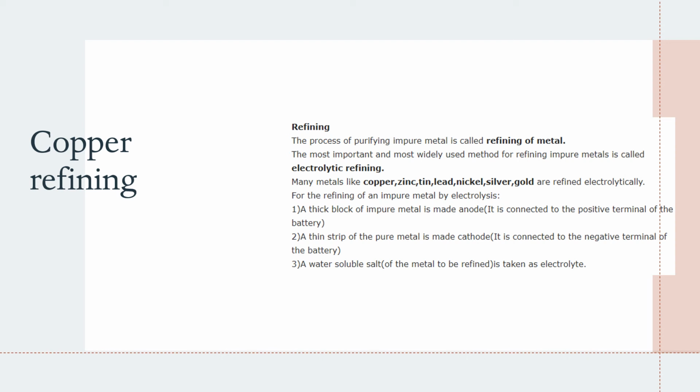For the refining of an impure metal by electrolysis: 1. A thick block of impure metal is made the anode. It is connected to the positive terminal of the battery. 2. A thin strip of the pure metal is made the cathode. It is connected to the negative terminal of the battery. 3. A water-soluble salt of the metal to be refined is taken as the electrolyte.